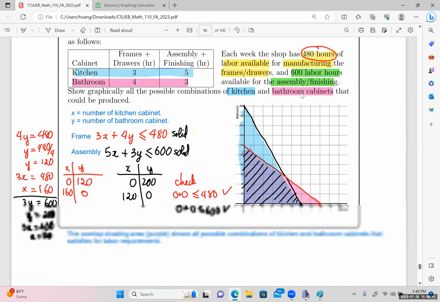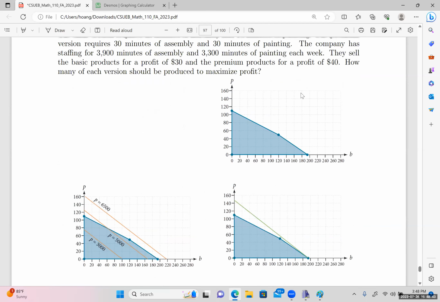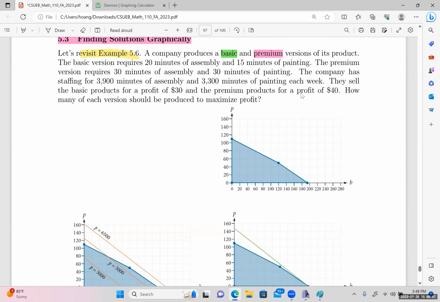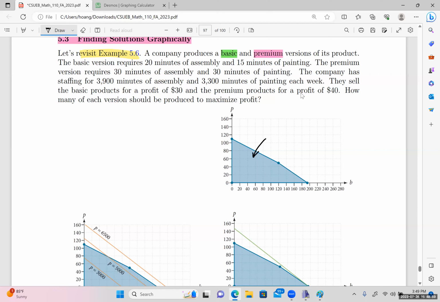Now here I redrew the overlap shading area.